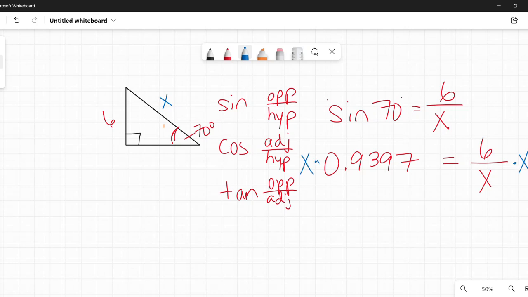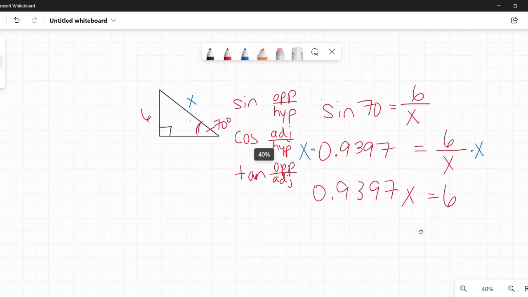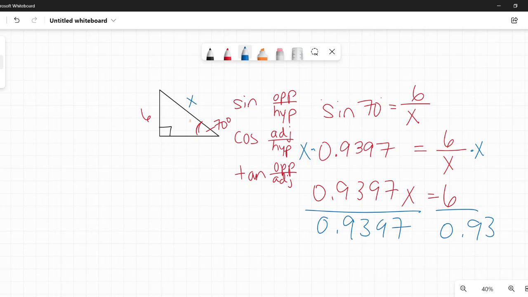So first we're going to multiply both sides by x. So on the left side, I will then have 0.9397 times x equals 6. Then to undo and get x completely by itself, we need to divide by 0.9397 on both sides.